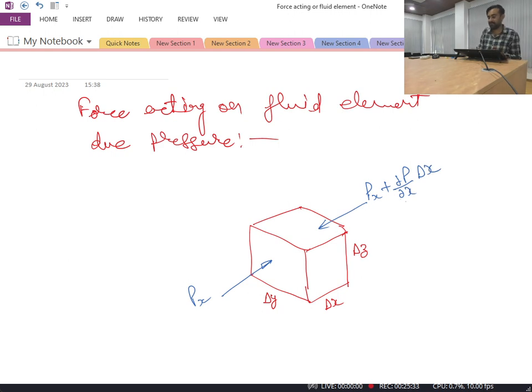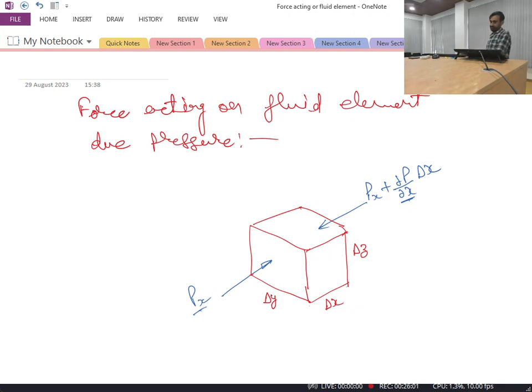Where del p by del x represents the spatial variation in the pressure. So on one face in the x direction the pressure is px, on the other face it is px plus del p by del x, which is the rate of change of pressure in the x direction multiplied by how much we have traveled in the x direction.